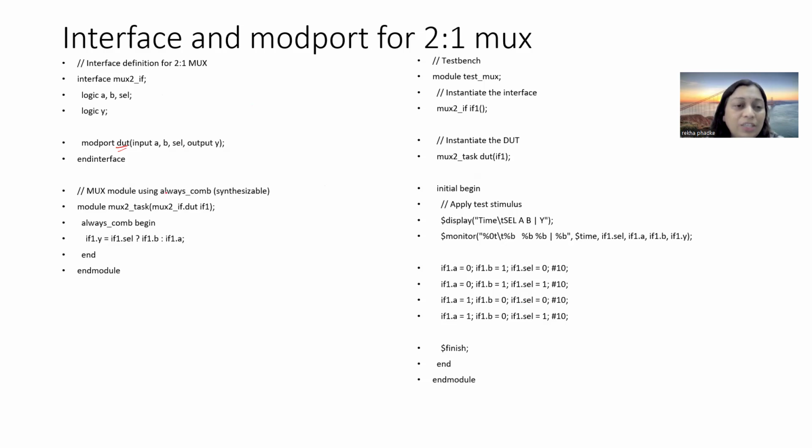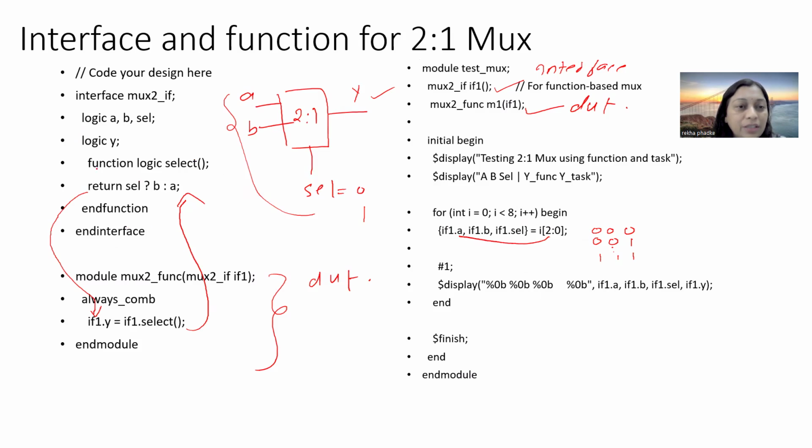For the actual evaluation of my DUT, whatever expressions I need for my signals are put here. Instead of calling the function, I'm evaluating them: the actual equations are being put inside the always block here. So here the evaluation was written in the function and the function was being called inside the DUT.